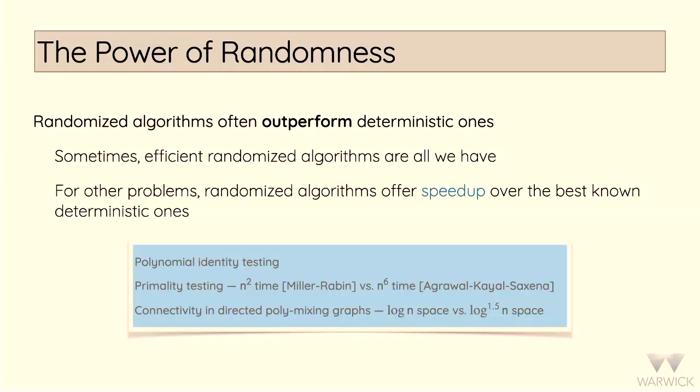And also in the space-bounded setting, we have connectivity in directed graphs. There is a very simple randomized log n space algorithm to solve it, whereas the best deterministic one takes log n to the 3/2. This is what Salil was talking about.